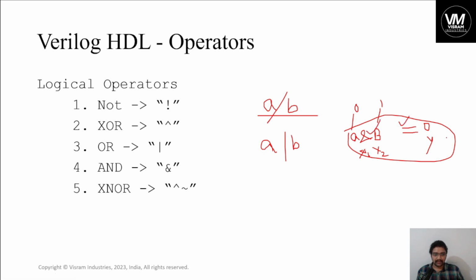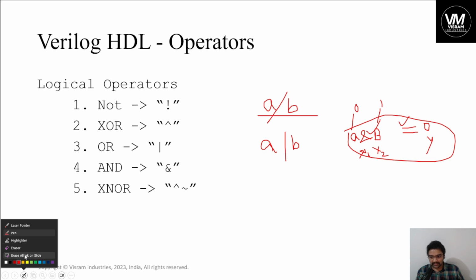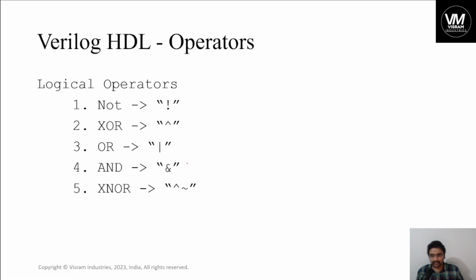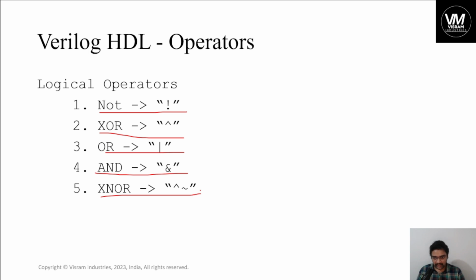And we have used this equal to, that is again compared to relational operators. You'll get to know in the next slide. So NOT is written in this way, and XOR, OR, and XNOR. Guys, don't get confused. It is XOR, right? If you negate it, it is XNOR.